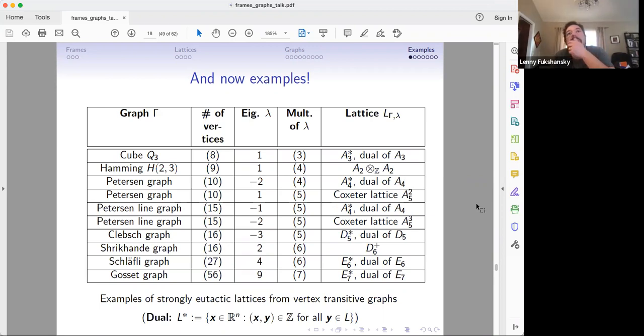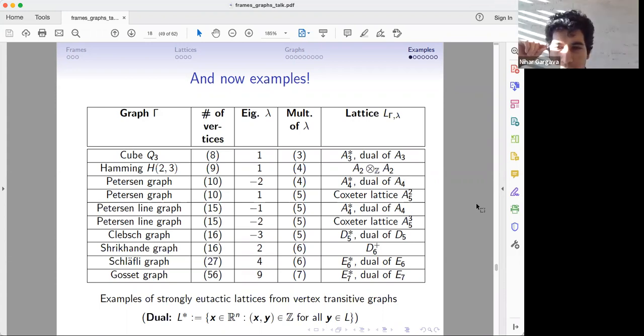It has been computed, but you're asking, can I express the packing density in terms of the original data of the graph? Right. I think so, because I think the minimal norm... Yeah, I think it's possible. We haven't done that, but I think it's possible.